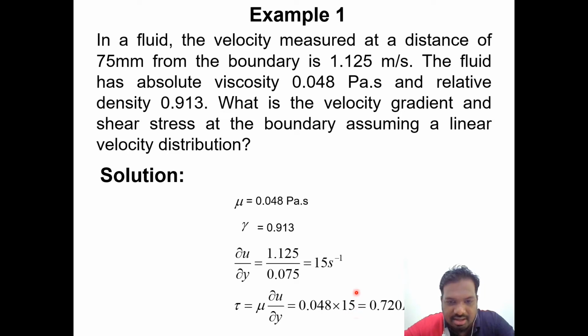The seconds cancel, so the answer is 0.72 and the unit is Pascal because it's a stress. Stress is similar to force, or sorry, pressure. So that's for the first question.